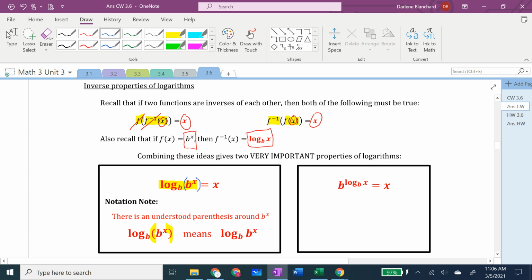And you need to understand that there is a parentheses there always, it just isn't always written. I didn't feel like I needed to do it on this side because you can see log base b of x is in an exponent, and you're familiar enough that you know there's a parentheses when something is sitting up in an exponent.